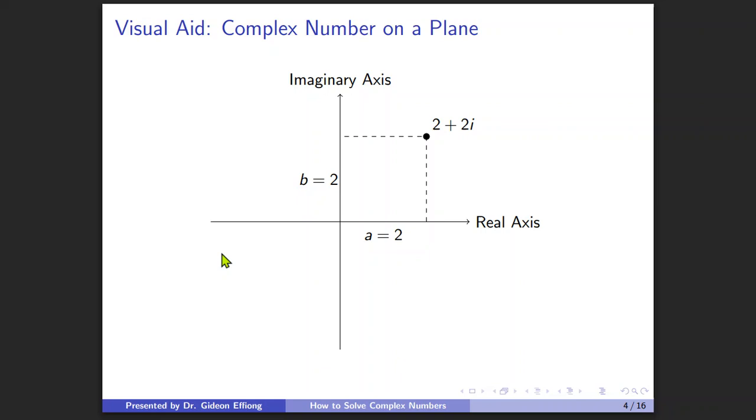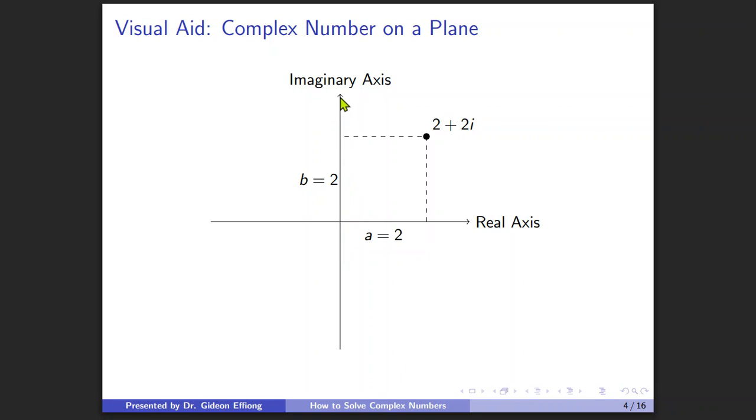So a complex number on a plane looks like this, where the horizontal line is the real axis and the vertical line is the imaginary axis.